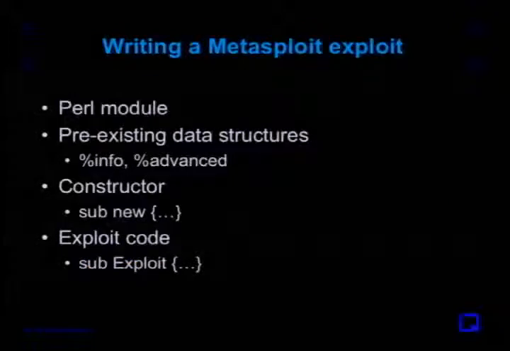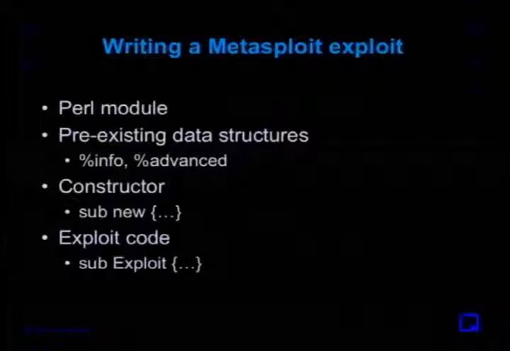In 2.6, plugins are implemented as Perl modules. In 3.0, they're implemented as Ruby modules. There are a lot of pre-existing data structures that you get to use within your Perl module. You get hashes like %info and %advanced, which you have to populate with stuff specific to your exploit.